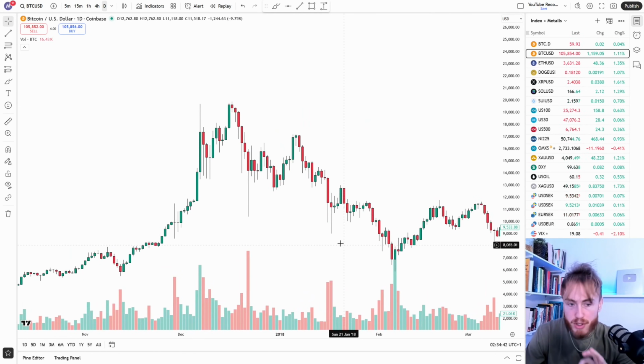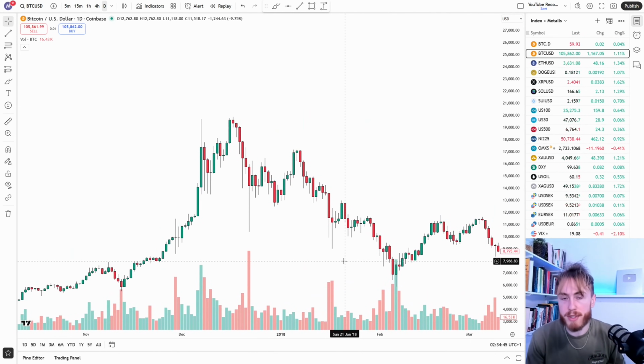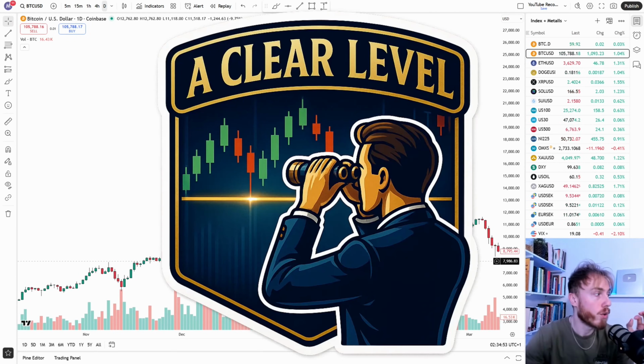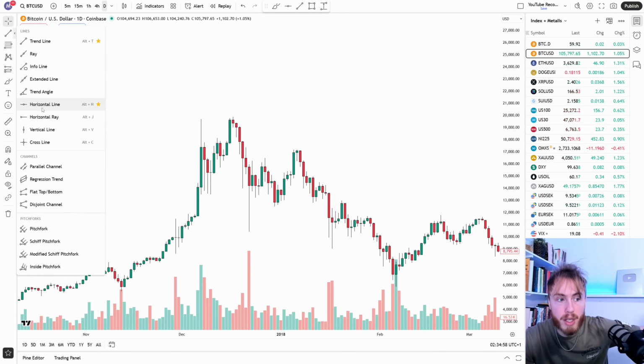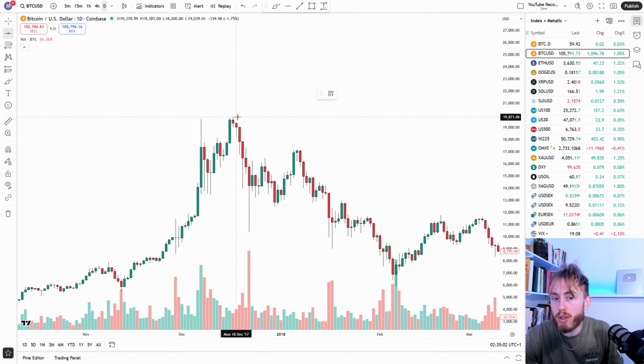And remember the rule we talked about just recently. One of the key rules we're looking out for when we're looking out for breakouts is that if we have an obvious level, or in other words, a level that pretty much everyone is paying attention to, it's more likely that we will see a strong reaction at that level.